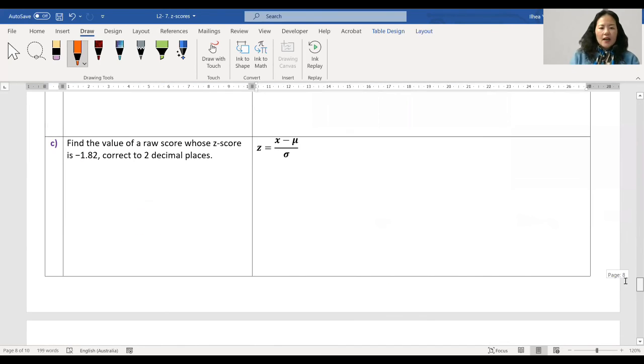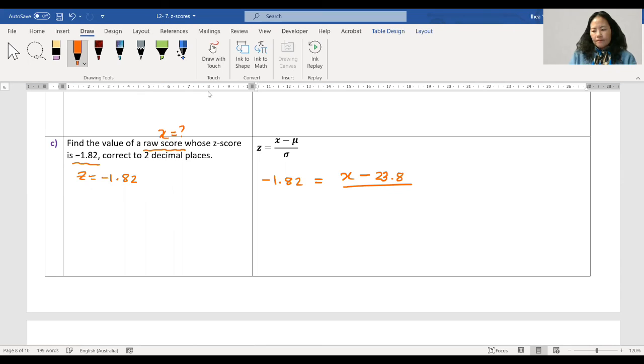Okay, find the value of a raw score, making x the subject, when the z-score is minus 1.82. Z is minus 1.82, x we don't know, the mu was 23.8, and then divided by 1.2. x minus 23.8, and then you times this together, you will get minus 2.184, and then you plus 23.8.